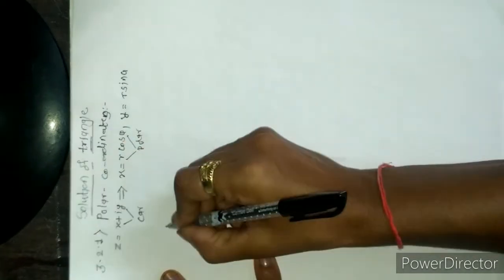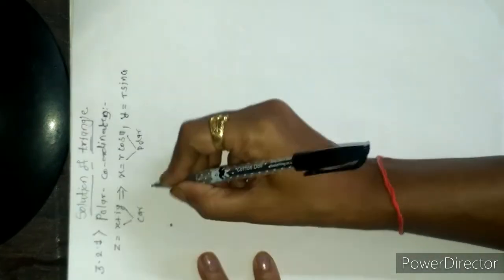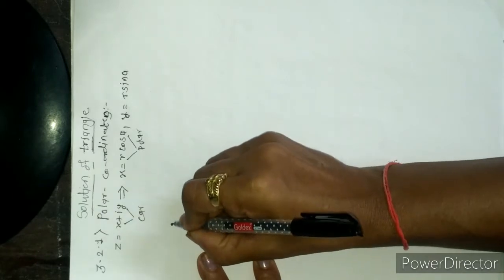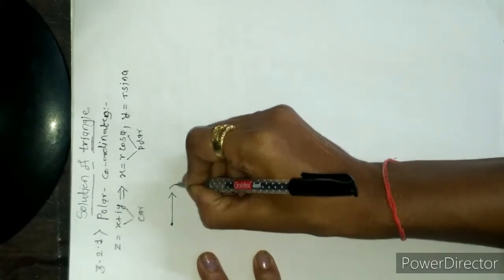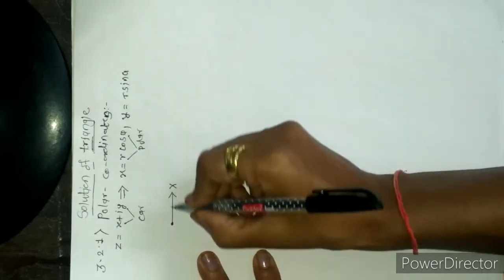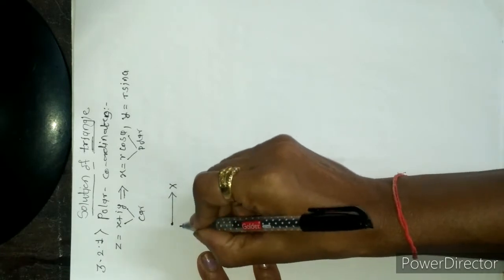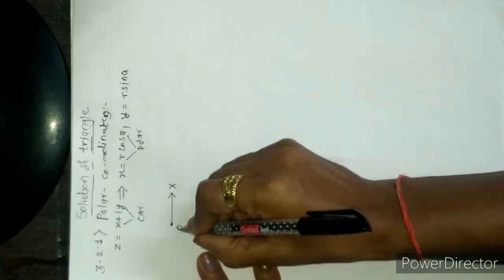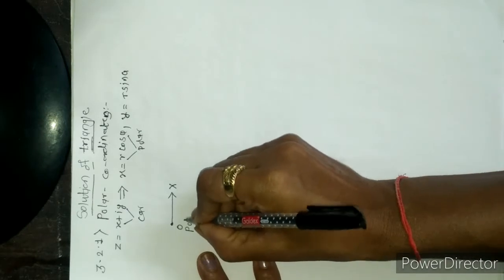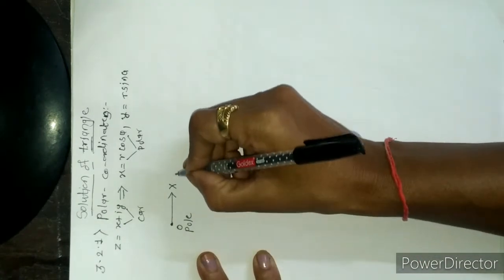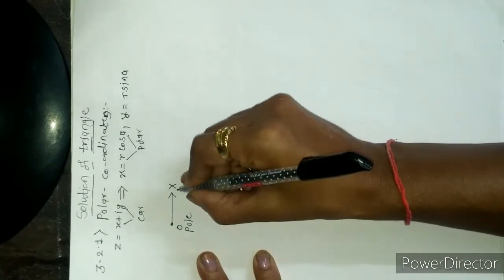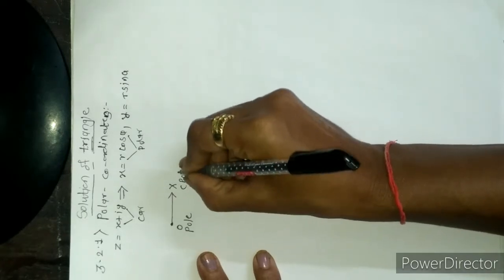Along with the Cartesian coordinate system, we take the first axis parallel to the x-axis, denoted by OX, where O is the fixed point called the pole, and OX, parallel to the positive x-axis, is called the polar axis.